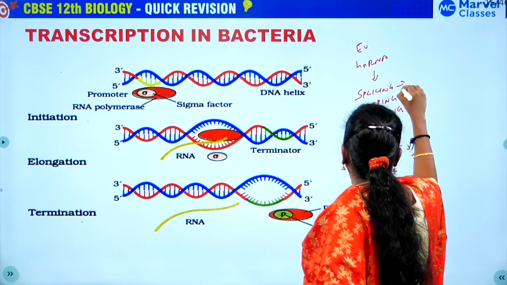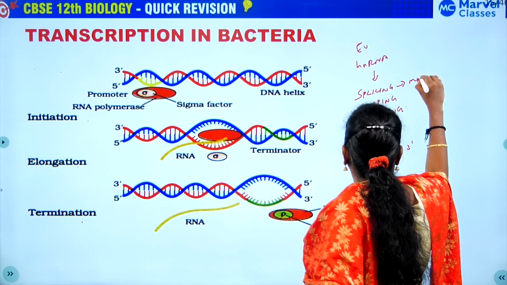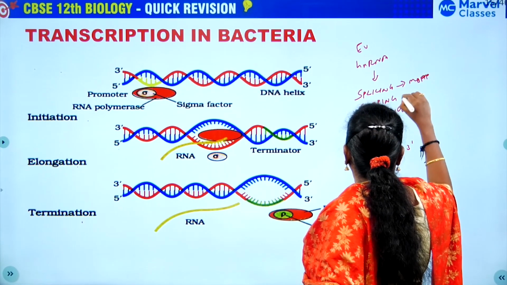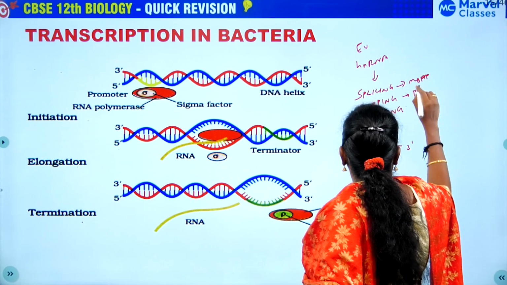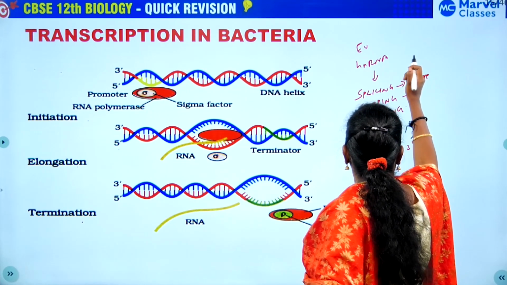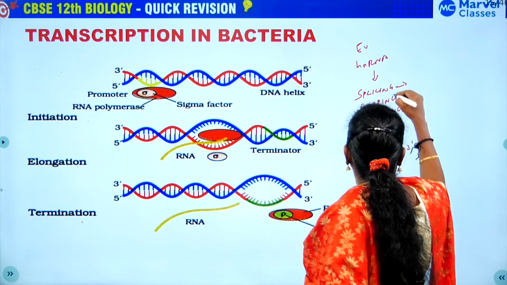Capping is where methyl guanosine triphosphate will be added. Splicing is where the introns will be removed.